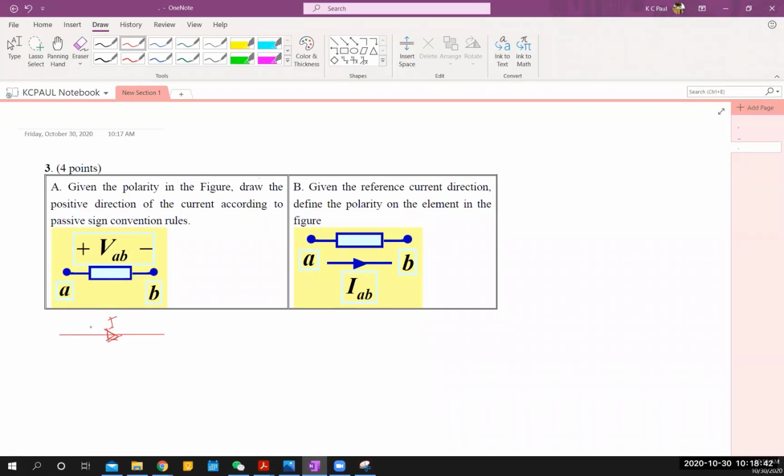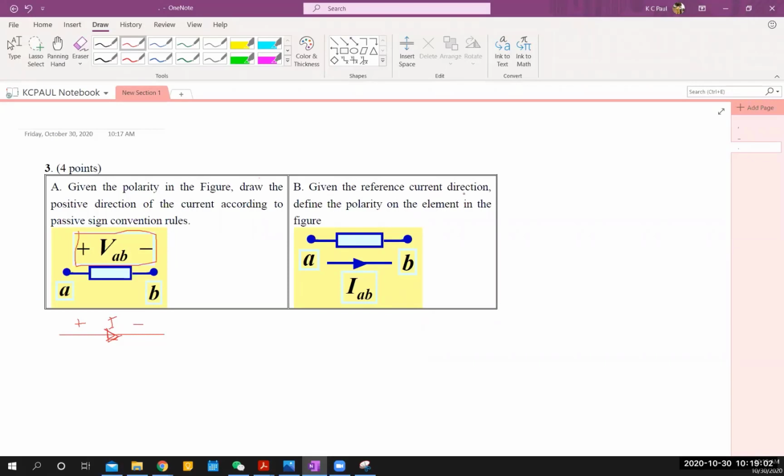Current should always flow from positive to negative, and then you have a voltage drop here, right? Whenever there is a voltage drop, we say that the plus is here at the A terminal and the minus is here at the B terminal.